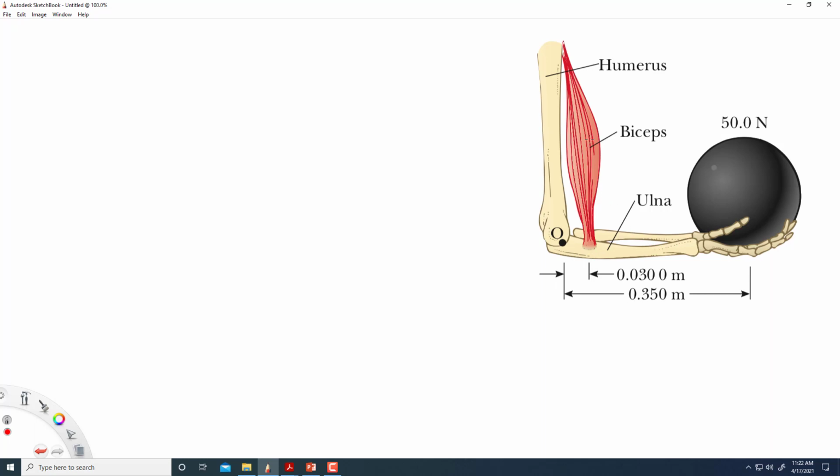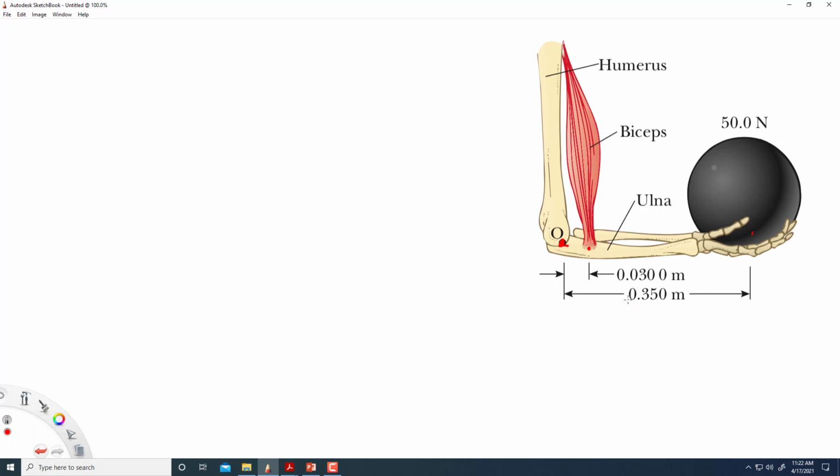So this biceps muscle is attached to this point, which is 0.03 meters from the joint. So this is the joint, and the ball is 0.350 meters from the joint.